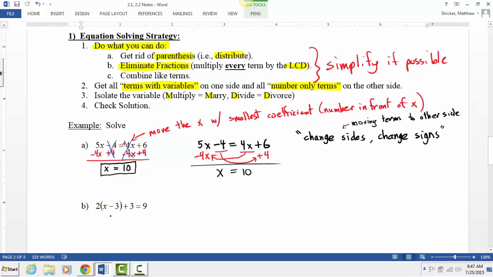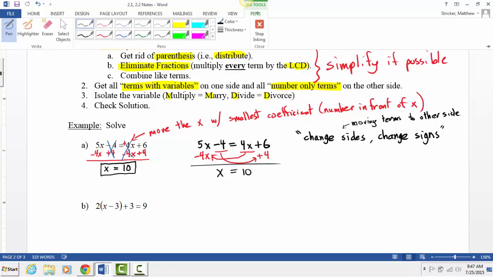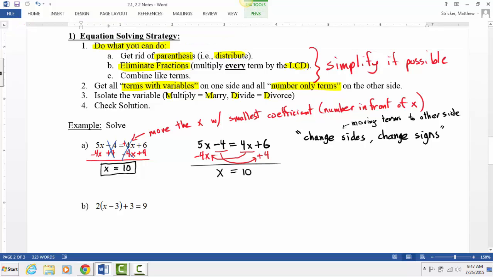It says 2 parentheses x minus 3 plus 3 equals 9. Do what we can do first. Is there any simplifying? Well, yeah, we need to distribute, right? So this is something we know how to do. So if we distribute, this becomes 2x minus 3 plus 3 equals 9. Okay?